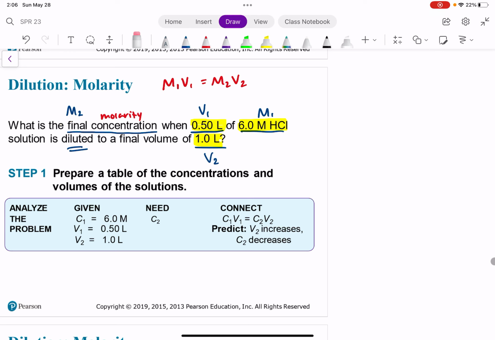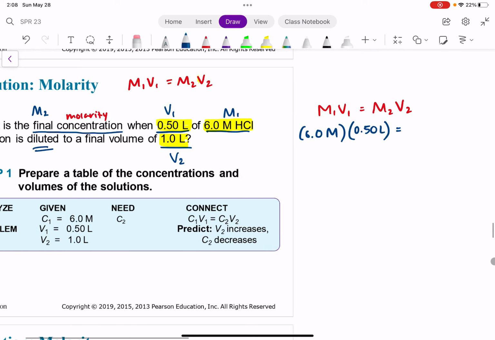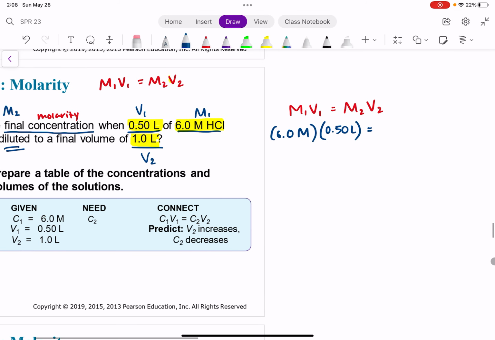So let's go ahead and plug these in. We've got our equation here, M1V1 equals M2V2. We've got 6.0 molar HCl times 0.50 liters equals, we know our V2, but we don't know our M2, so that's what we're solving for.